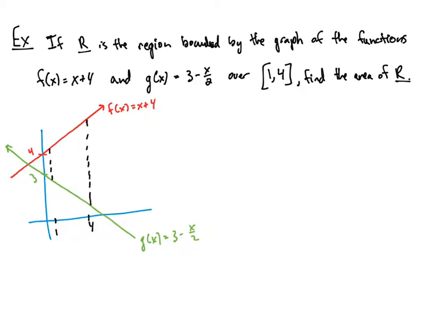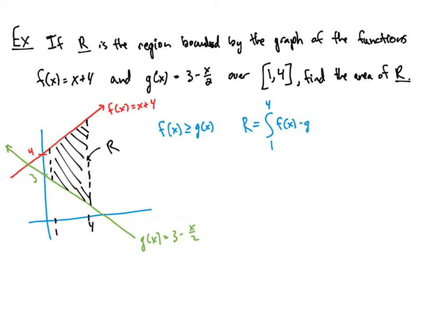So we're looking to find the area of this region, and we're calling that region R. Because f of x is always greater than or equal to g of x, we're going to set up this integral: the region R is equal to the integral from 1 to 4 of f of x minus g of x dx.